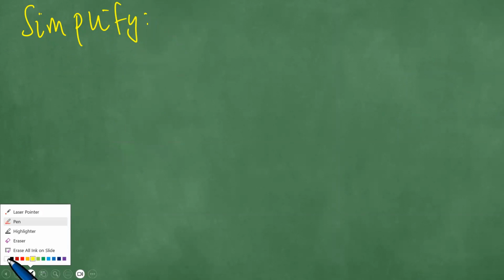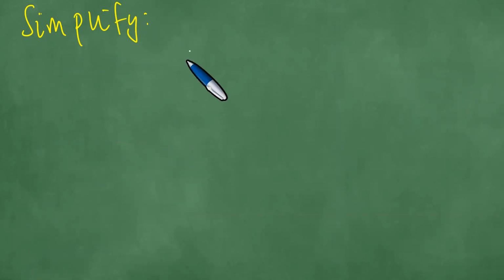You need to simplify given 16 to the power 0. What is 16 to the power 0, Leander? 1. Well done.